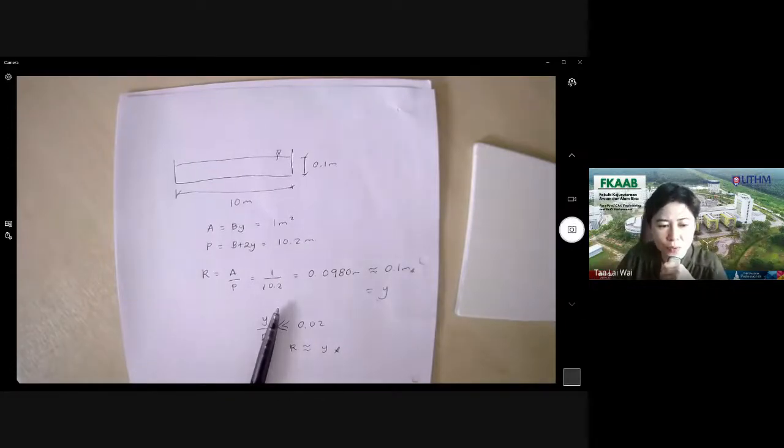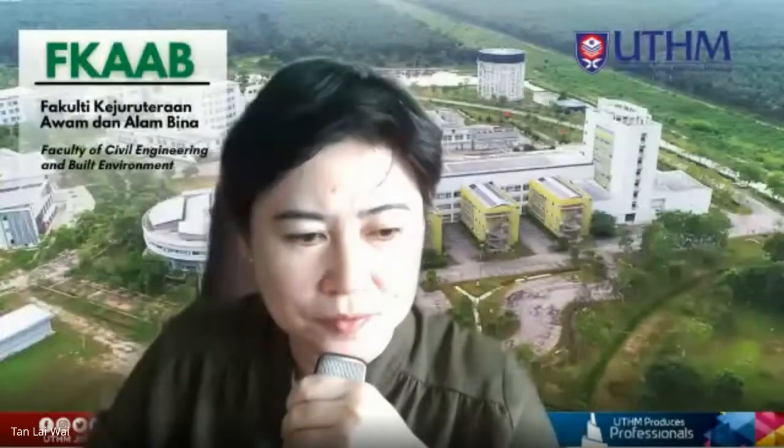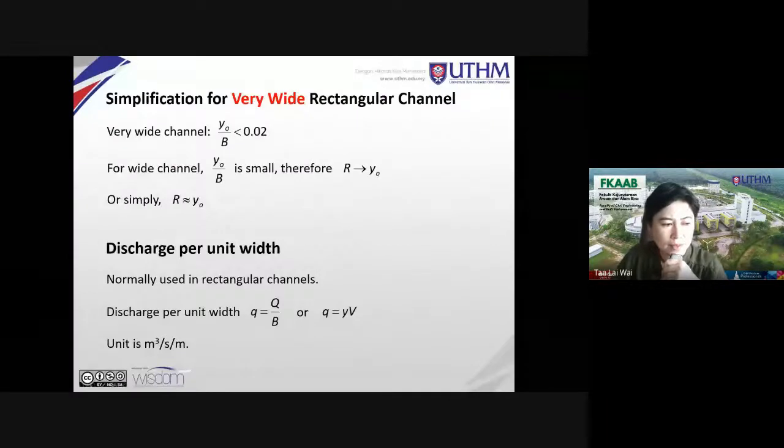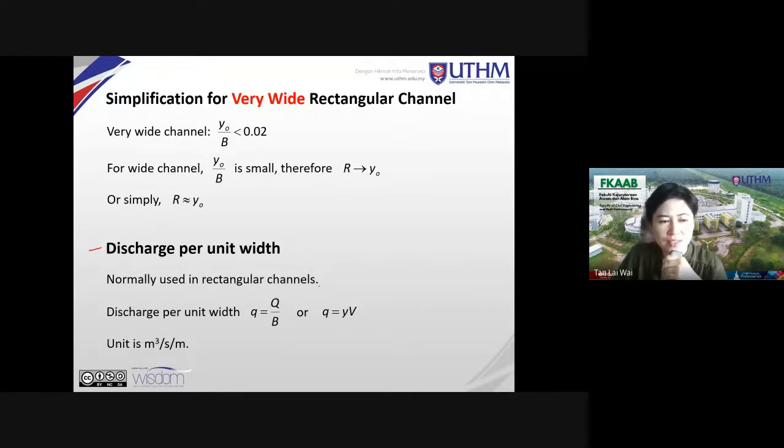Then let's go back. We are going to learn another term, which is the discharge over unit width. This is normally used in rectangular channels. Why?